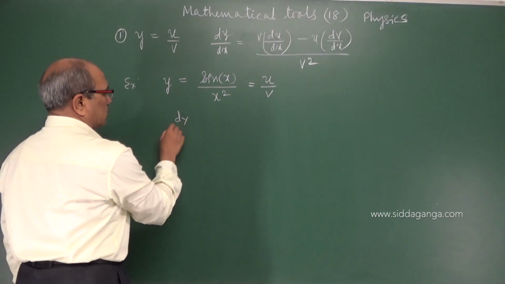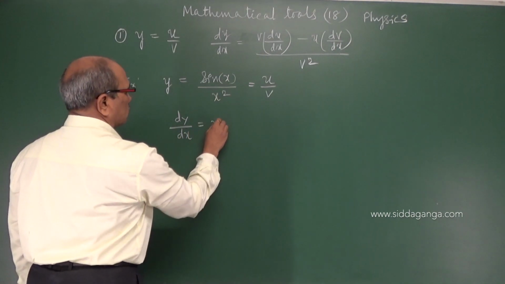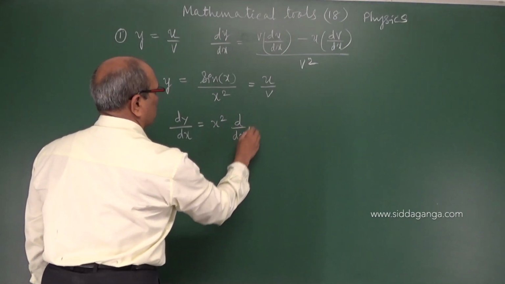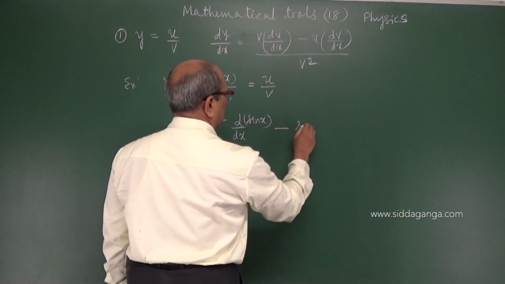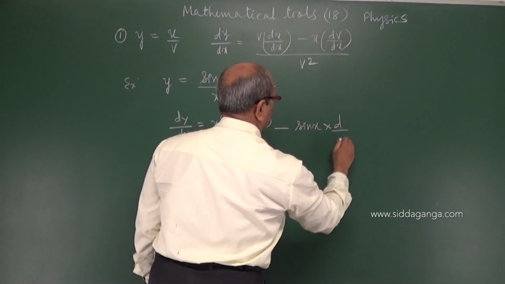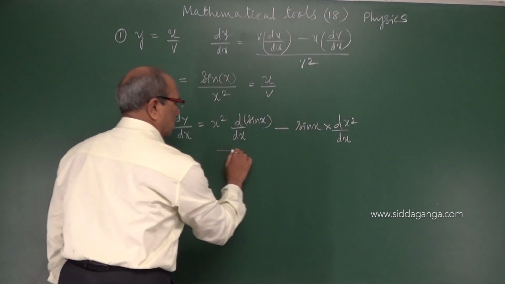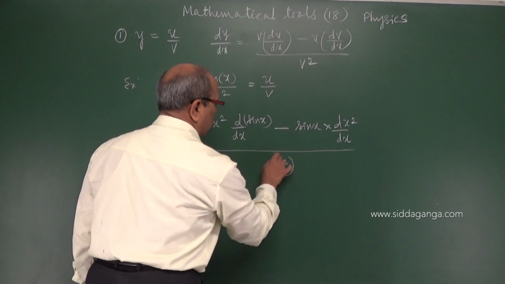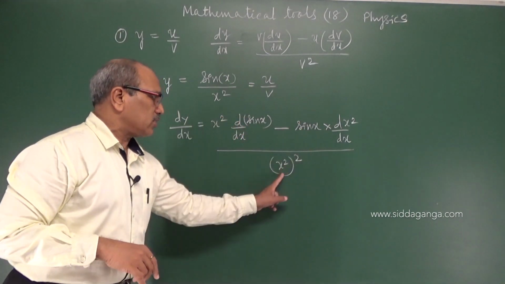If you want to differentiate this, dy by dx, v is x square, into the differentiation of sin x, minus sin x, that is u, into the differentiation of x square by dx, upon v square, that is x square whole square. That is, v into du by dx minus u into dv by dx, by v square.